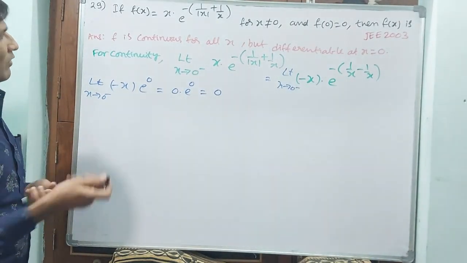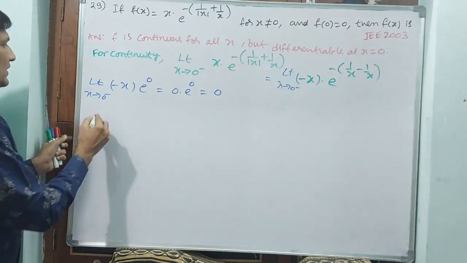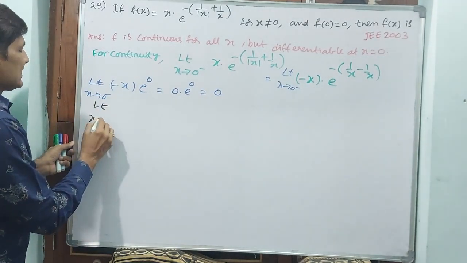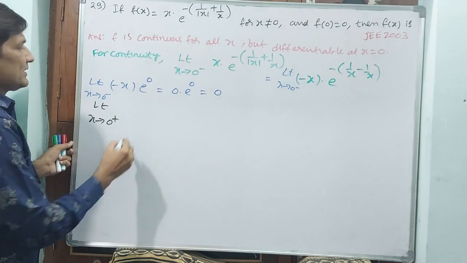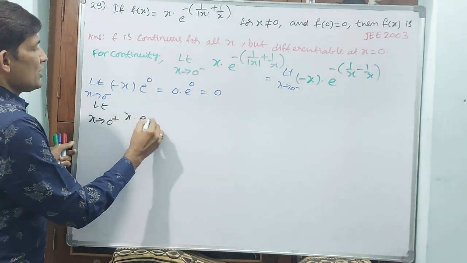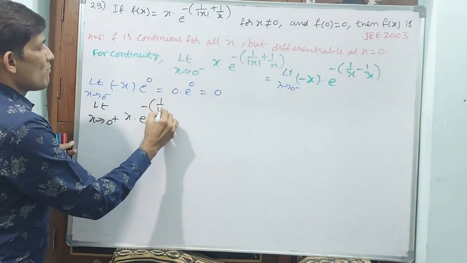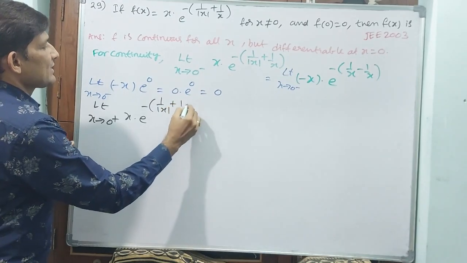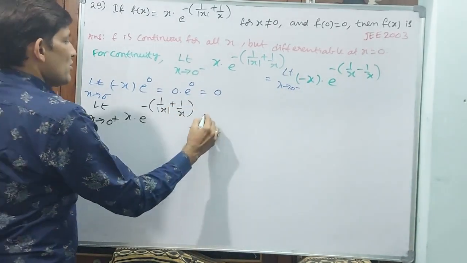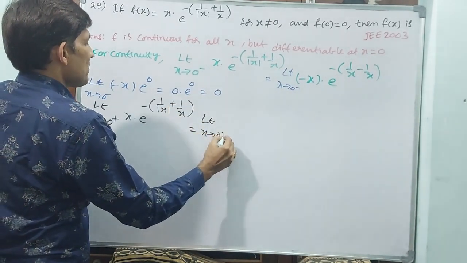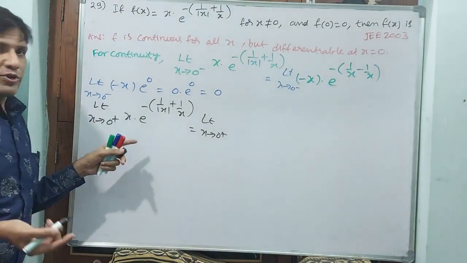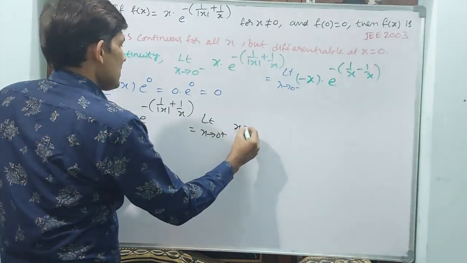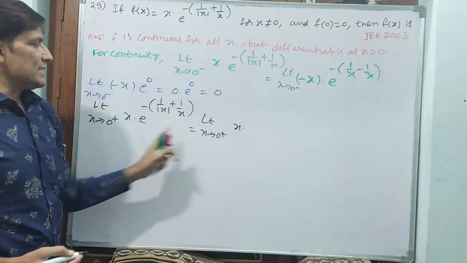Now go back for 0 plus. Limit x tends to 0 plus, I am showing, of x e^(-(1/|x| + 1/x)). 0 plus means automatically this is a positive number, positive x. The modulus x will be positive x, not minus x.